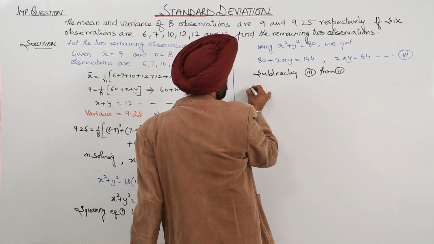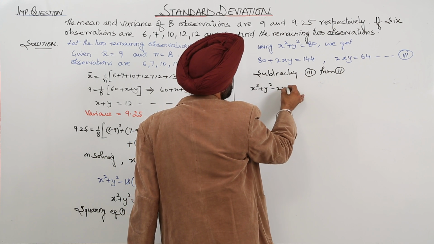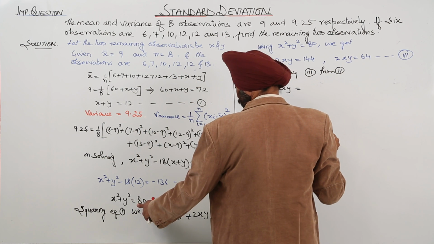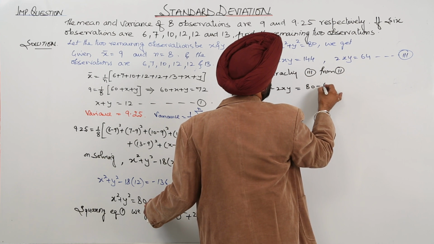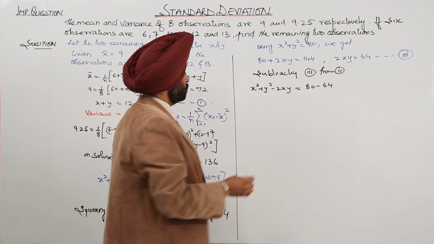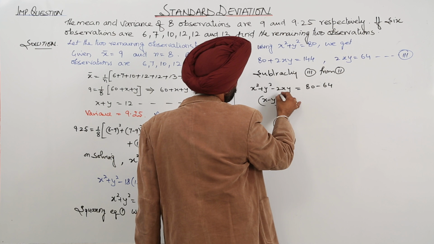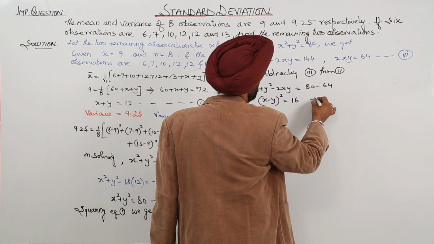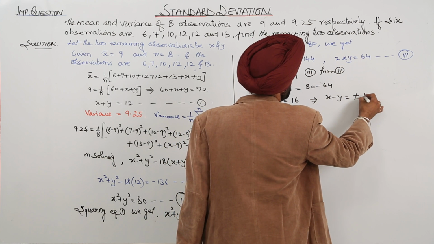So can I write here x square plus y square minus 2xy is equal to 80 minus 64. Okay. So now this becomes x minus y whole square is equal to 16, or x minus y is equal to plus minus 4.